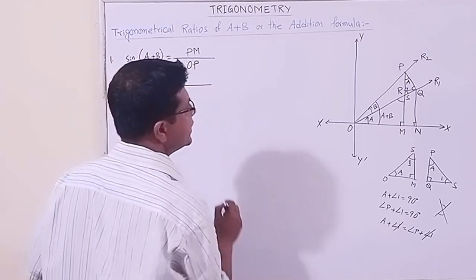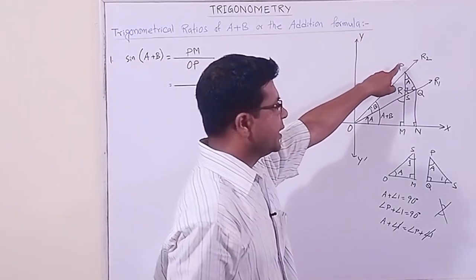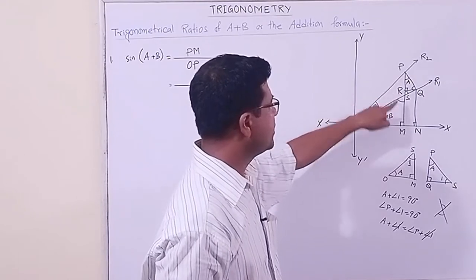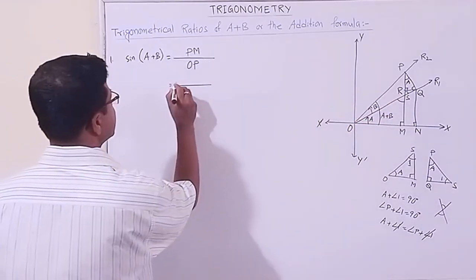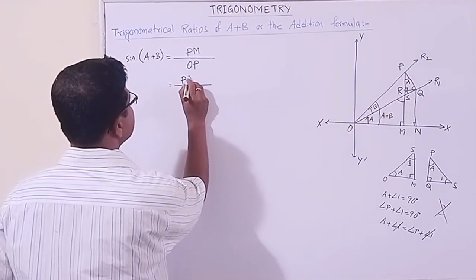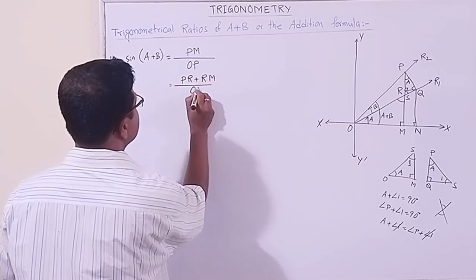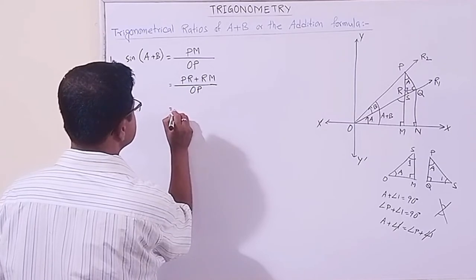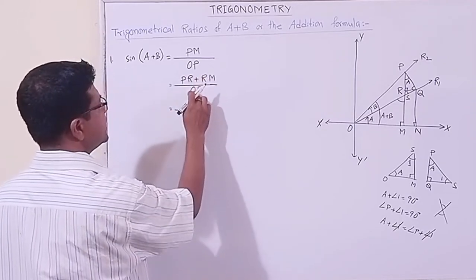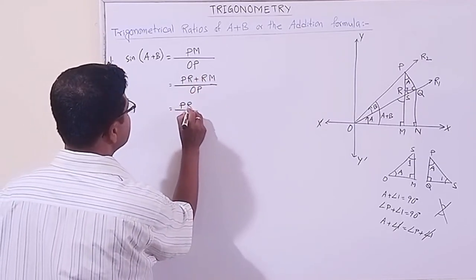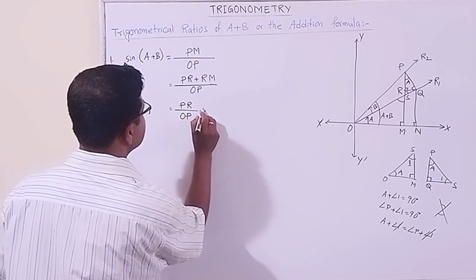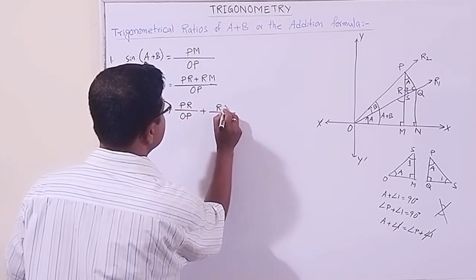Now you see, here in the diagram, PM means PR plus RM. We can write like this: PR plus RM by OP. We can separate also, isn't it? This by this plus this by this. That means PR by OP plus RM by OP.